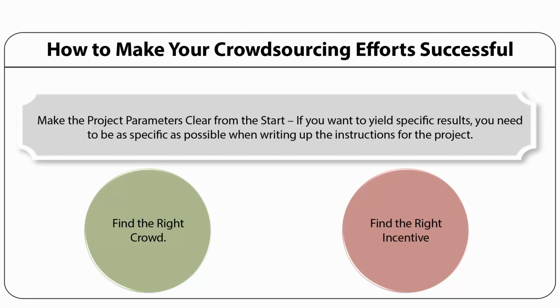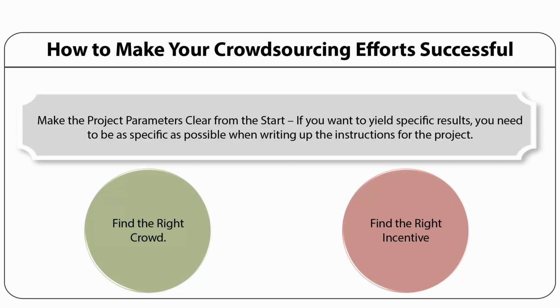So, in this slide, we have studied how you can make your efforts on crowdsourcing projects successful. We have to keep in mind three important things. One, we have to ensure that the parameters we are keeping for building the project are clear and precise. The requirements are clear and precise.